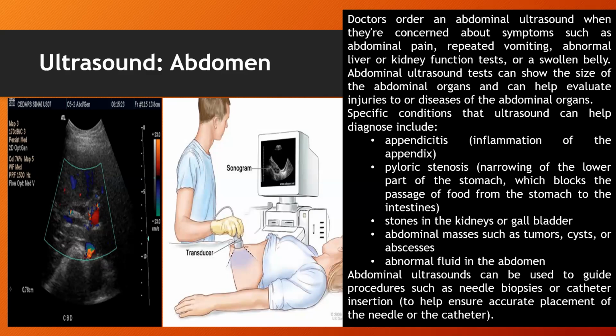Specific conditions that ultrasound can help diagnose include appendicitis, pyloric stenosis, stones in the kidneys or gallbladder, abdominal masses such as tumors, cysts or abscesses, and abnormal fluid in the abdomen. Abdominal ultrasound can be used to guide procedures such as needle biopsies or catheter insertion.